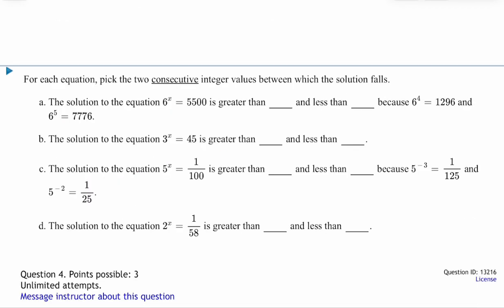Look what they've given us. 6 to the 4th is 1296. 6 to the 5th is 7,776. So since 550 is smack dab in between those, the power that we use has to be somewhere between 4 and 5.